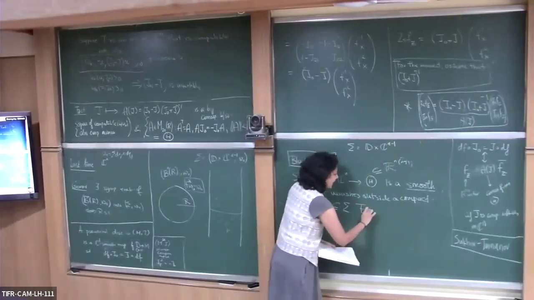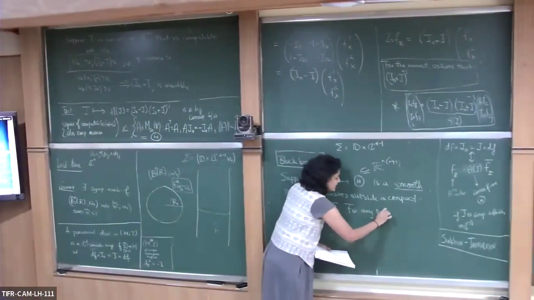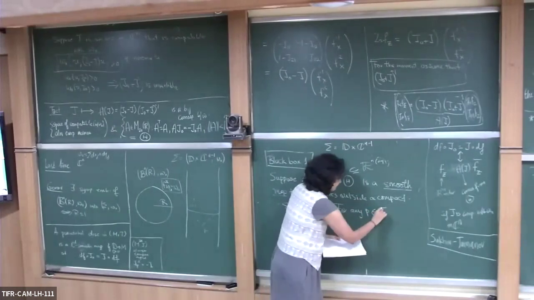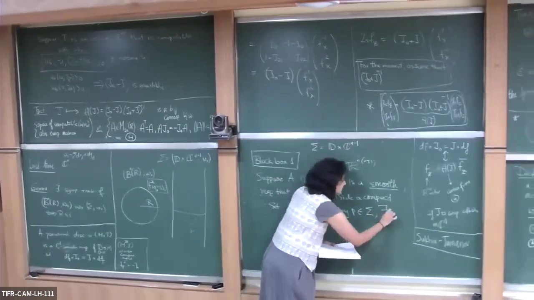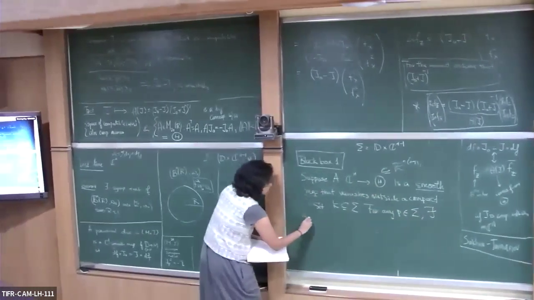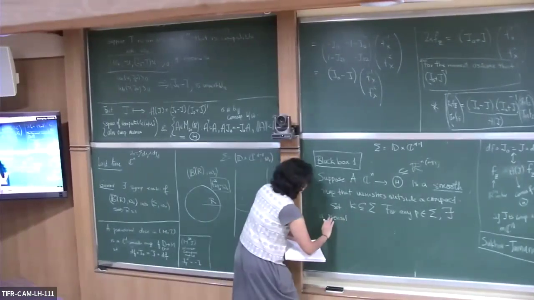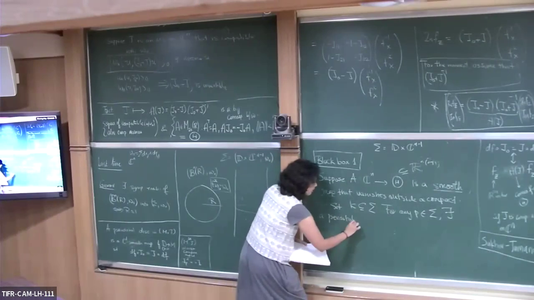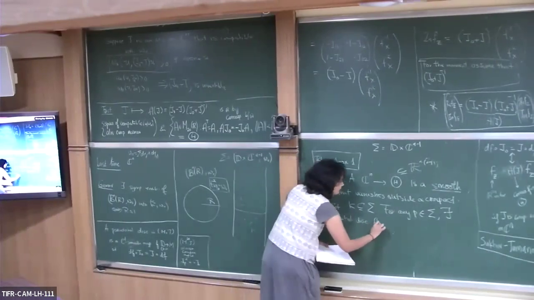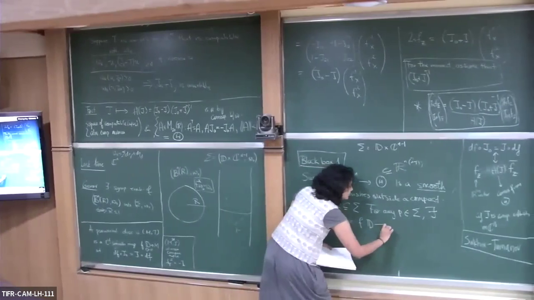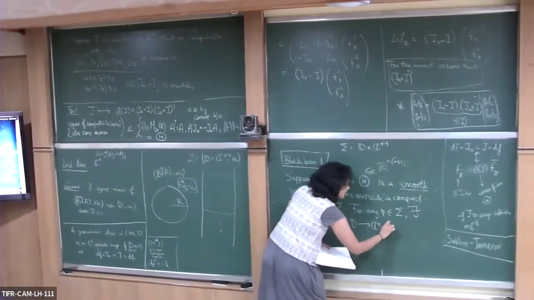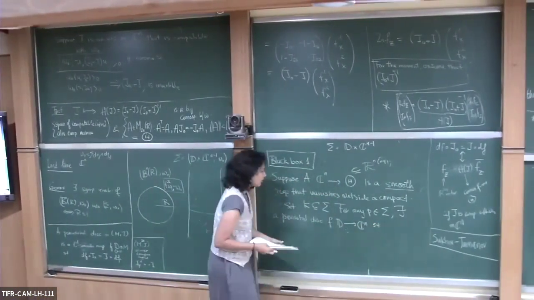Then, for any P inside this cylinder, there exists a pseudo-holomorphic disk. Let me write it again. A pseudo-holomorphic disk F from B to Cn such that, let's write down all its features.